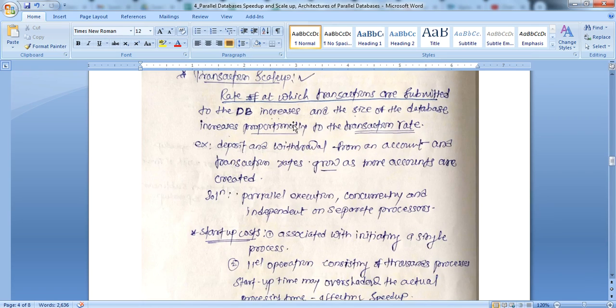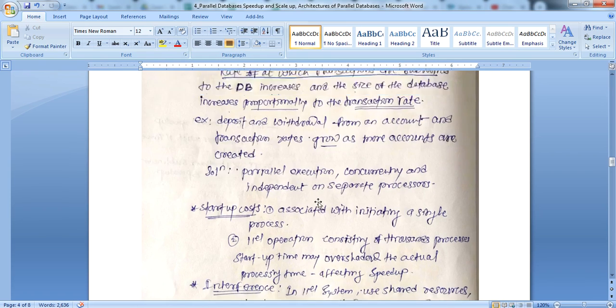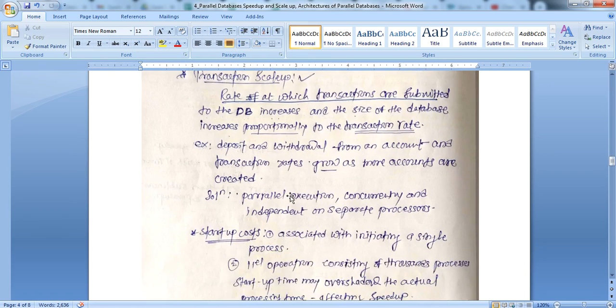For example, if we withdraw or deposit money from the account and the growth rate of those transactions increases, then what is the solution? The solution is parallel execution, concurrent and independent on separate processors. That is the solution, and that is scale up of the process. That is transaction scale up.